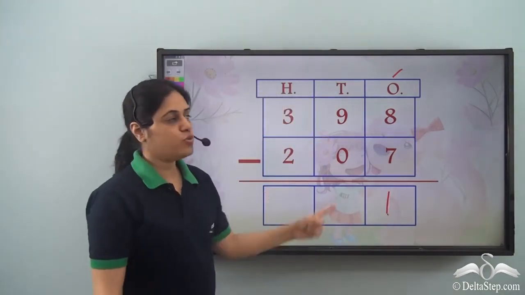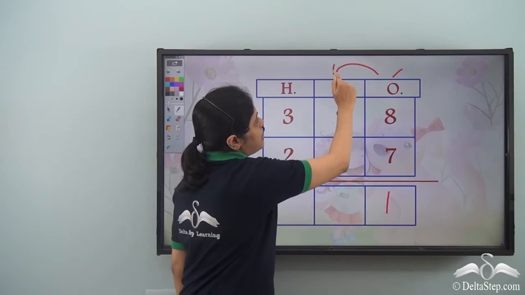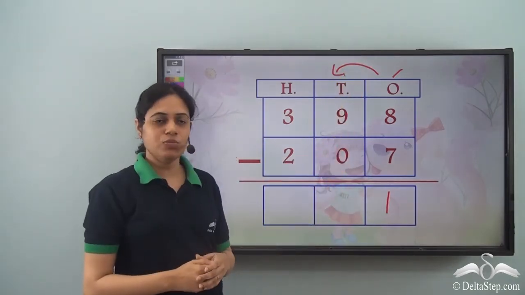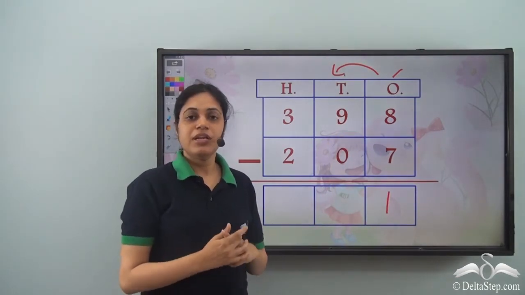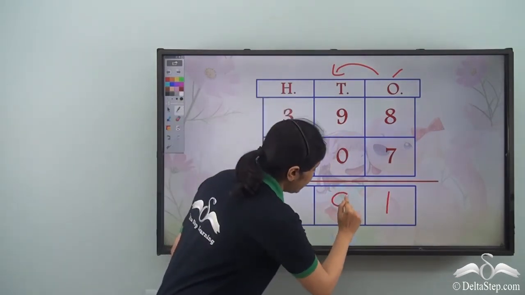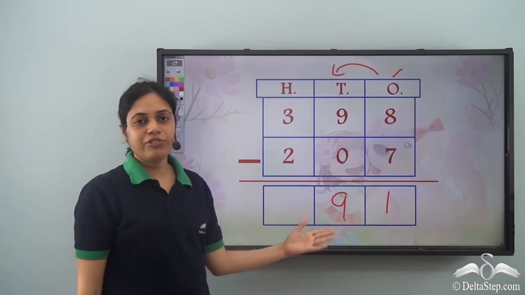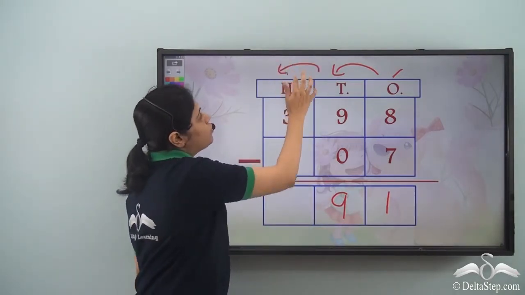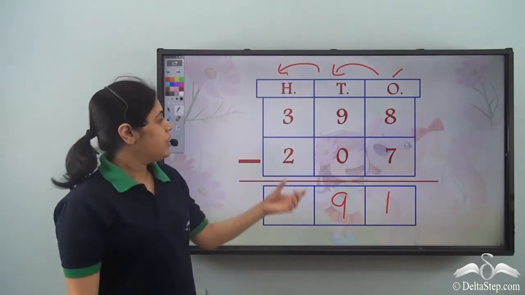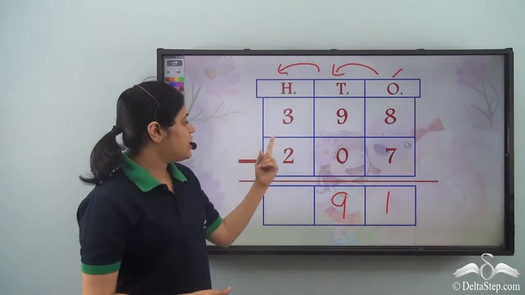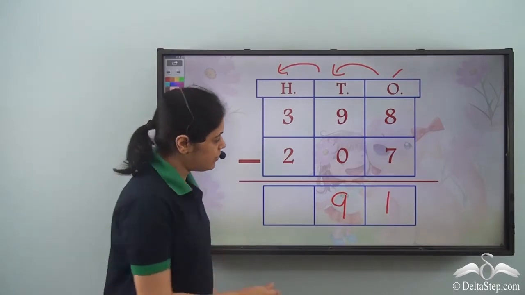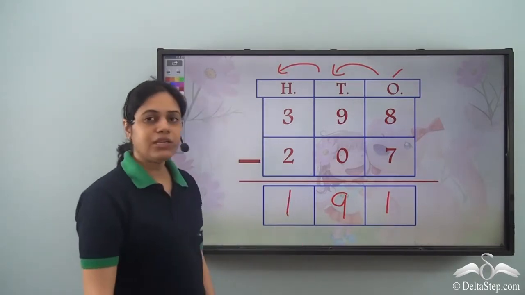After the ones room, I go to the tens room. In the tens room, I have 9 minus 0. 9 minus 0 is 9. And after the tens room, I go to the hundreds room. In the hundreds room, I have 3 minus 2. 3 minus 2 is 1. So I get 1 here.